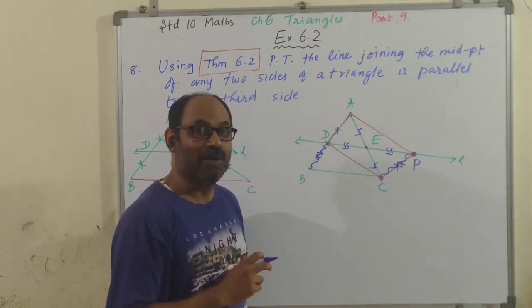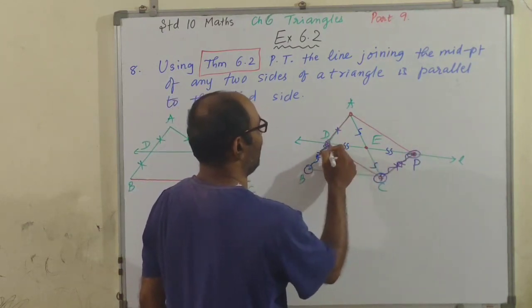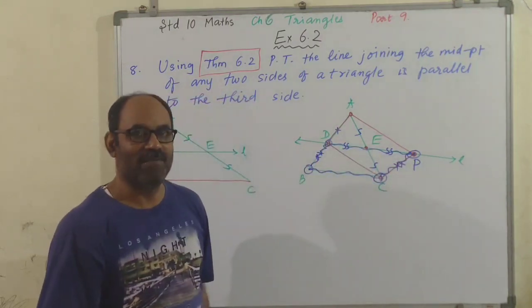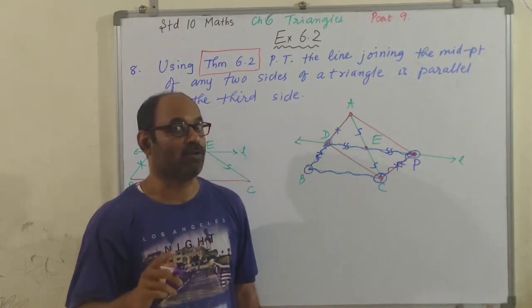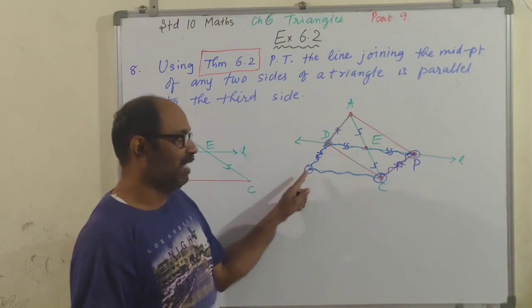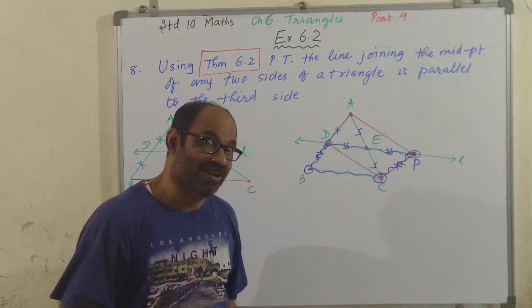So again, one theorem of standard 9: quadrilateral BCPD, if you complete the quadrilateral, it's a parallelogram because one pair of opposite sides is not only parallel but also congruent, equal. So quadrilateral BCPD is a parallelogram.